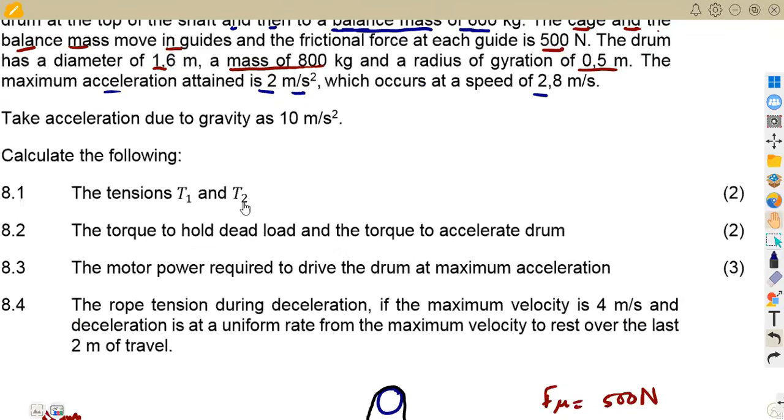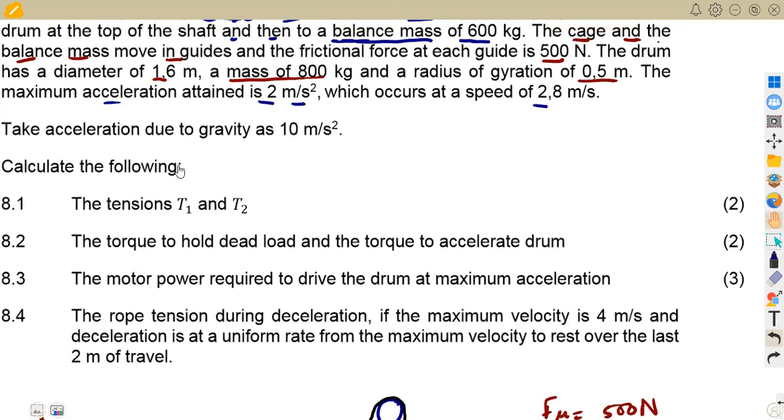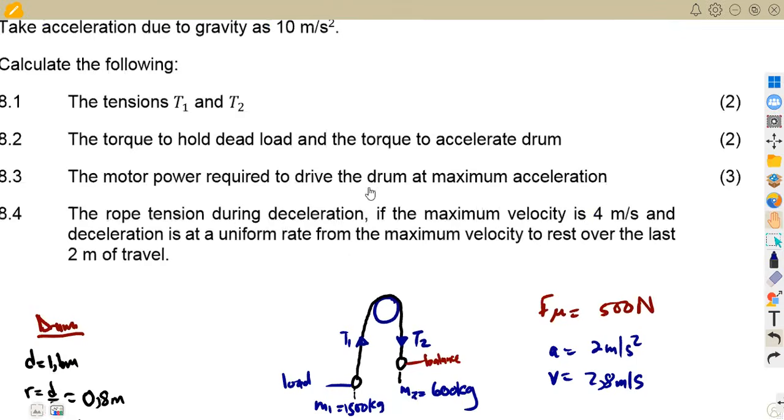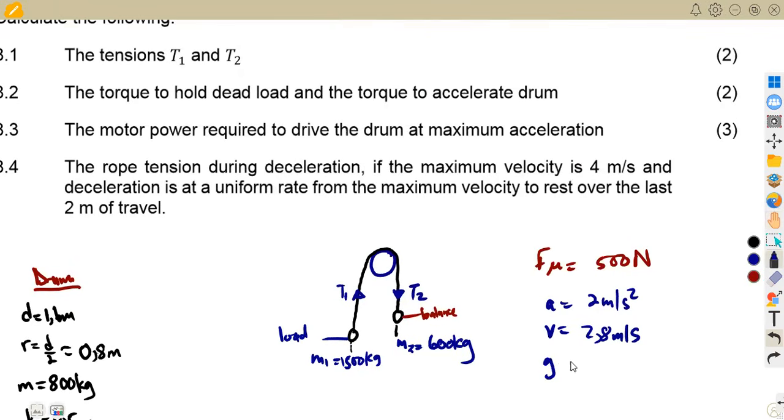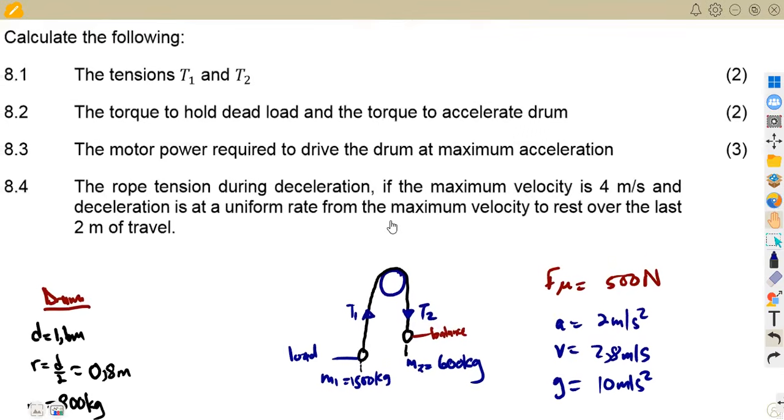And we are also given to take acceleration due to gravity as 10 meters per square second. So that is the whole information that we are given.